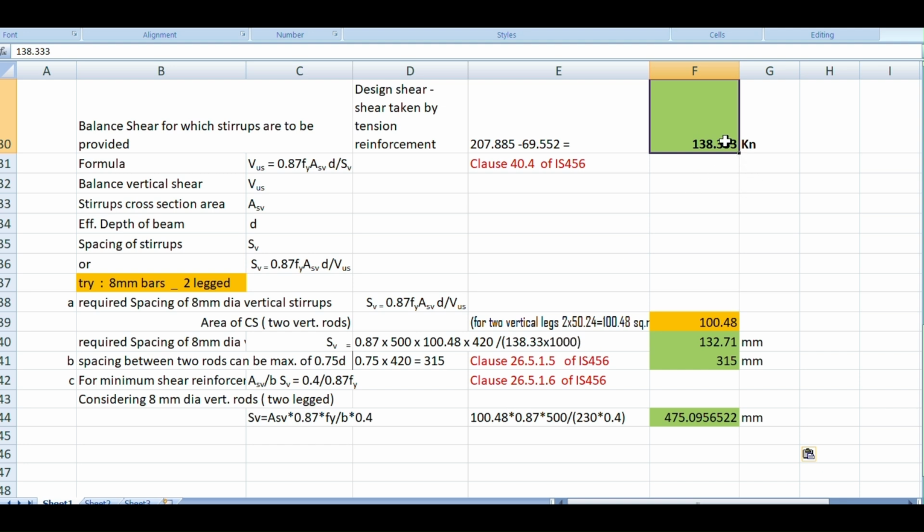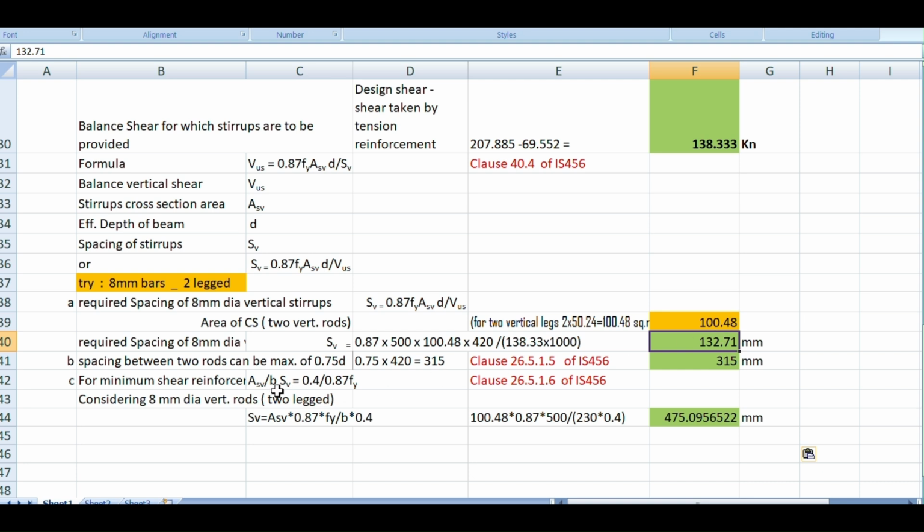On simplifying, the value obtained is 132.71 mm. It means a ring of 8 mm rod should be provided at a spacing of 132.71 mm as per the design.